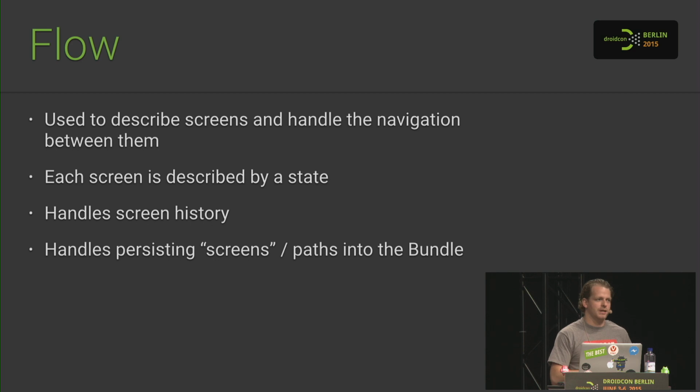For example, you're passing in some variables for that screen that you want to pass to your presenter. Those are attached to the screen and also handled during the persistent state of the screen. So you can store information along with the screen itself in the backstack. It handles the history and the persisting.